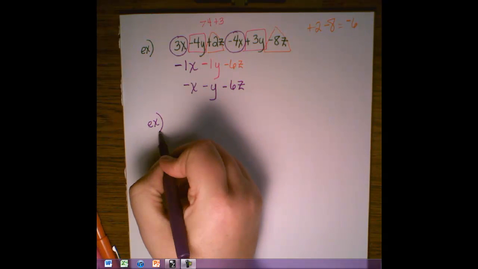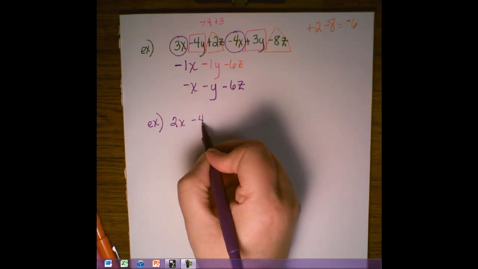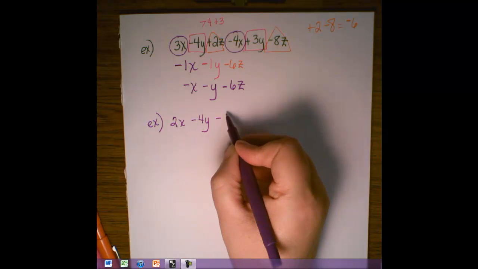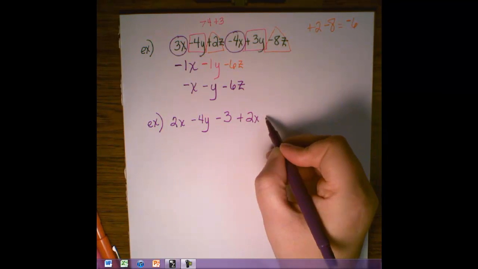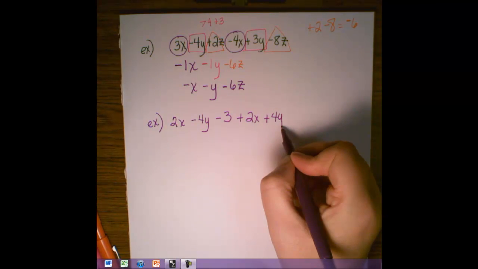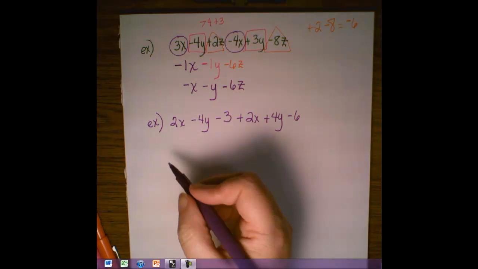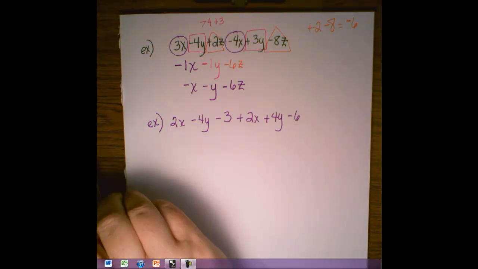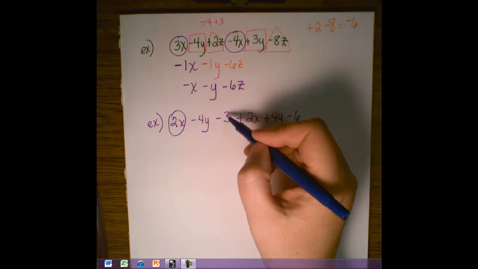Okay, let's look at another example here. We have 2x minus 4y minus 3 plus 2x plus 4y minus 6. And again, we have various like terms. Now, as I'm doing these for emphasis, I am circling the like terms.